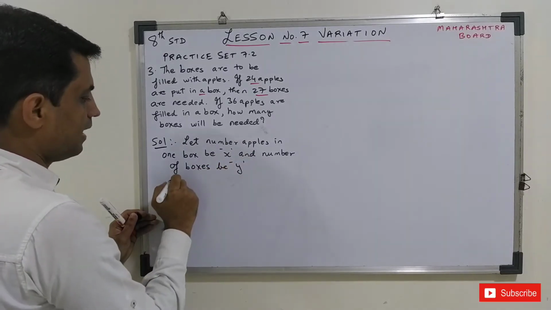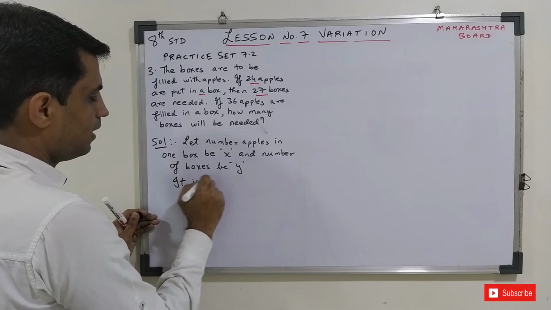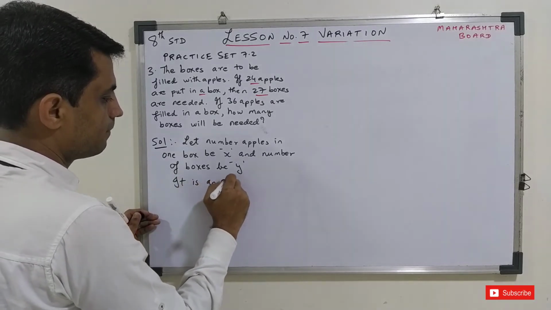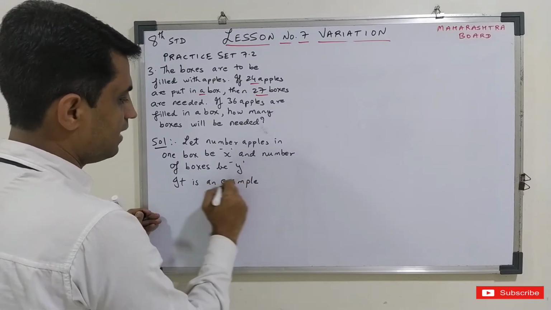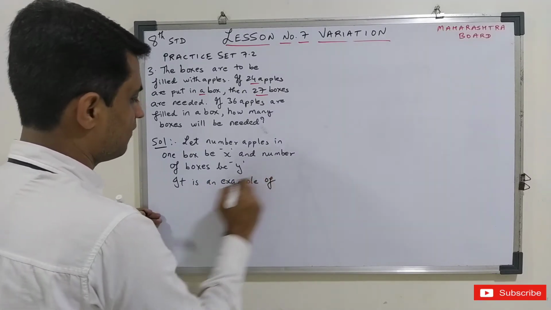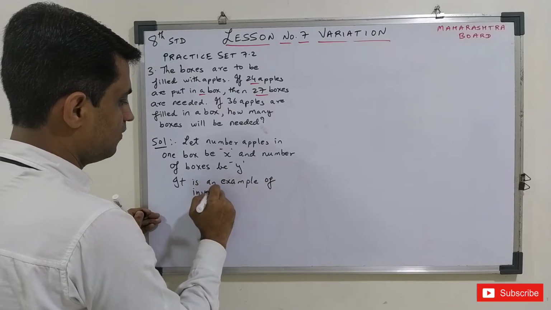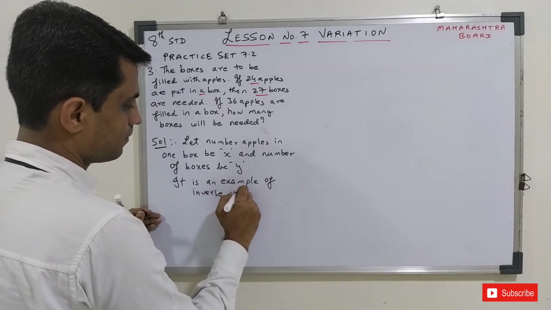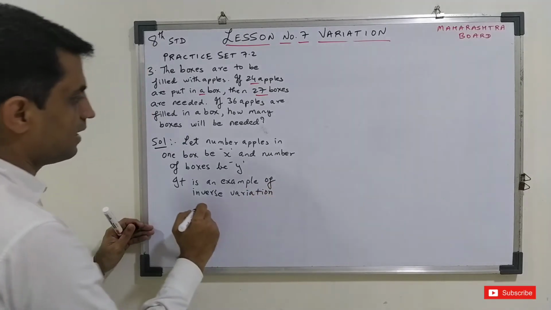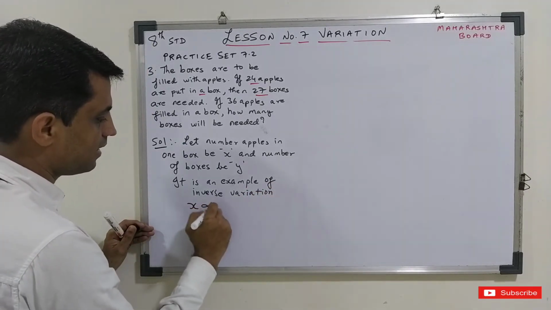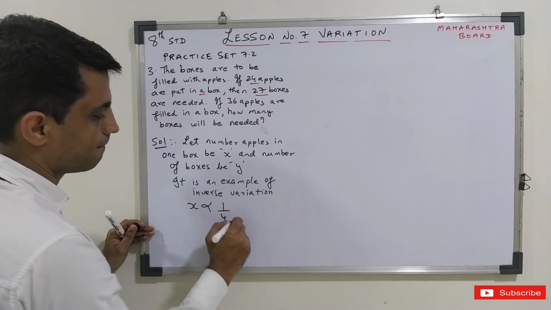Okay, then what will we write? It is an example, and it is not written as inverse, we had decided. So it is an example of what? Yes, inverse variation. So now we can write that x varies inversely with y.